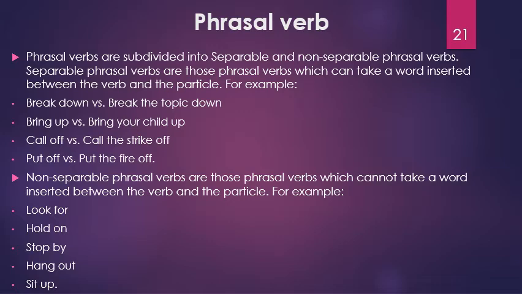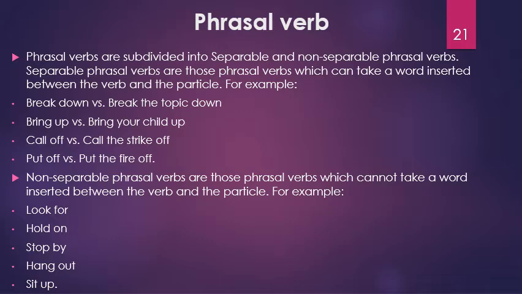Phrasal verbs are then divided into further groups, which are both separable and non-separable. For example, some phrasal verbs can take a word inserted between the verb and the particle.